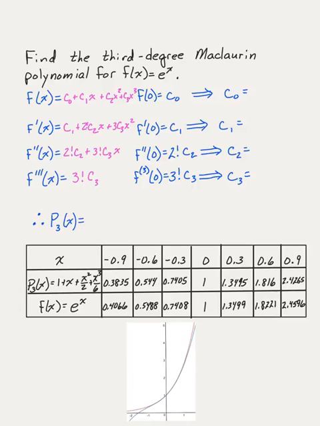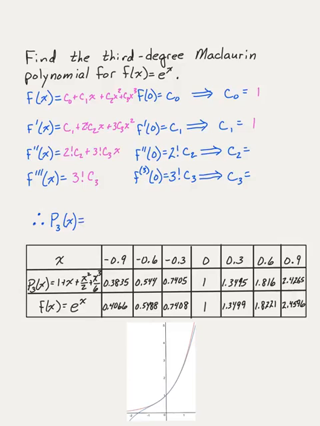And evaluating each of these, c sub 0, well, e to the 0 is 1. F prime, well, the derivative is going to be e to the x. All of these derivatives are e to the x. So this is going to be 1.